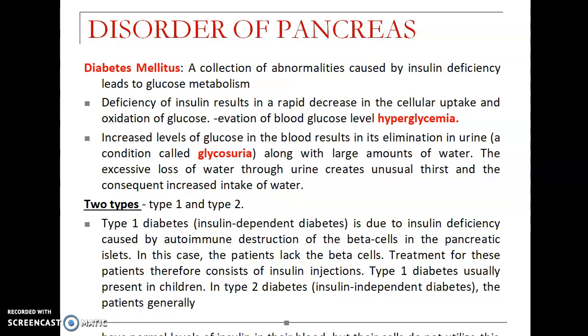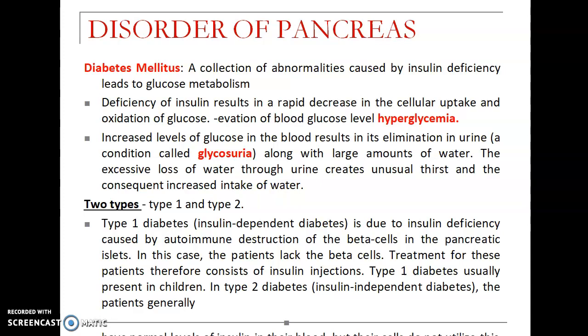Here it is not concerned with a single symptom, it is packed with lots of abnormalities, and it is mainly caused by insulin deficiency. If there is a problem with insulin, it causes disorders of metabolism related to glucose.